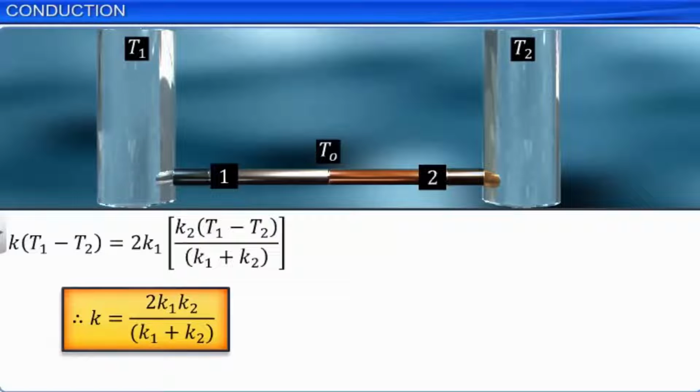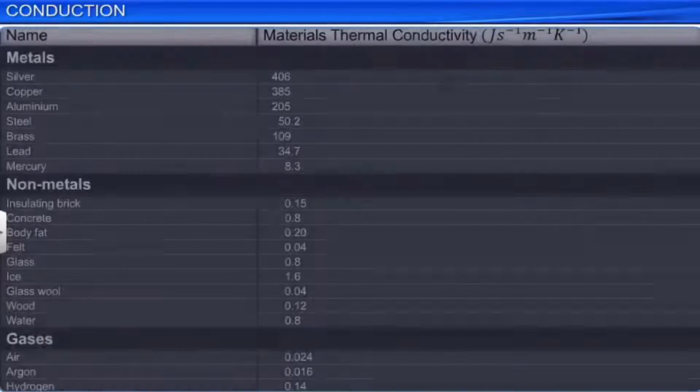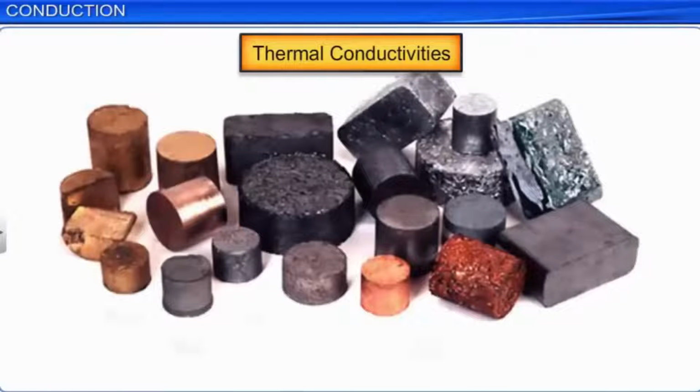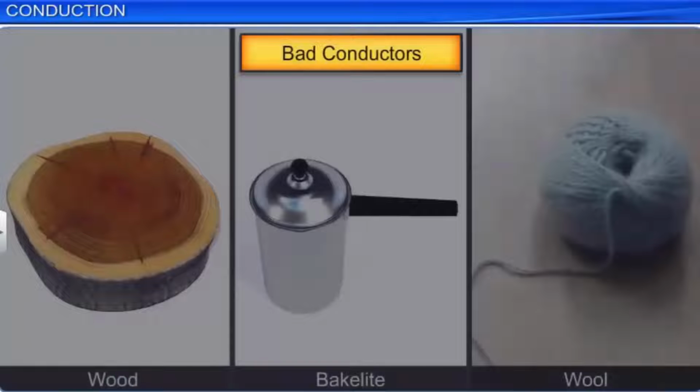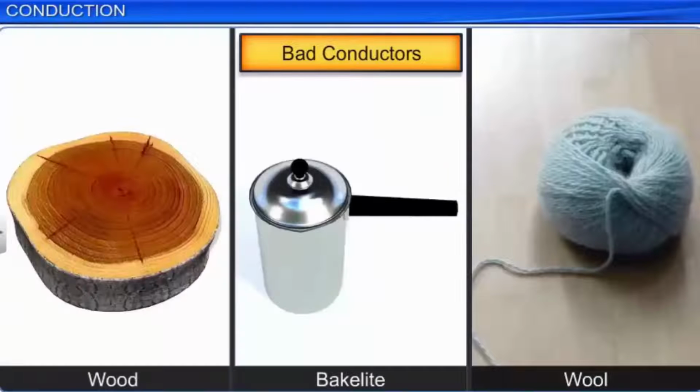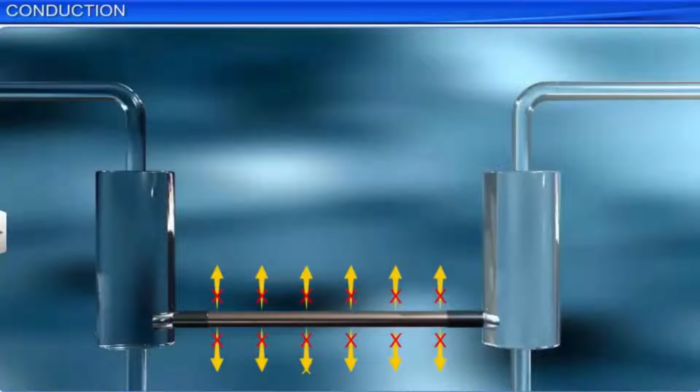The table shows the thermal conductivities of some materials. Metals have very high thermal conductivities and hence conduct heat rapidly. Materials like wood, bakelite, and wool are bad conductors. When loss of heat by conduction is to be restricted, the body must be surrounded by an insulating substance.